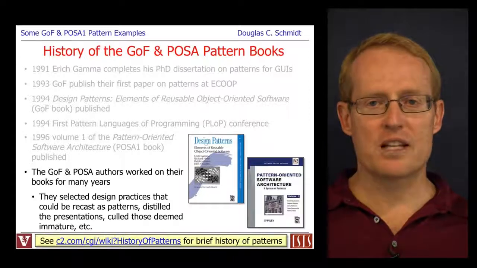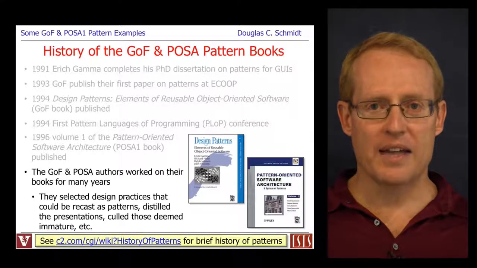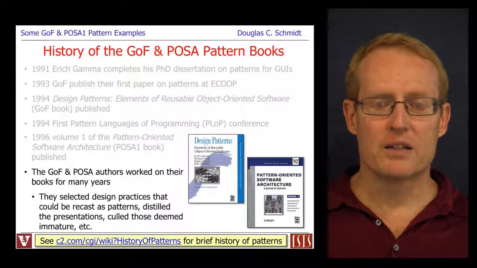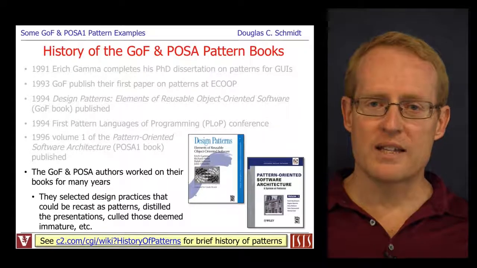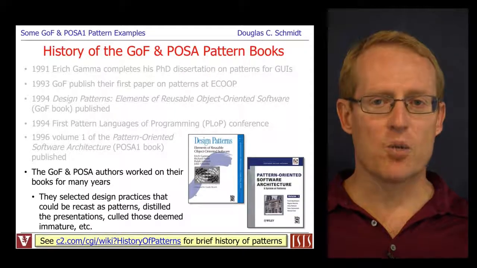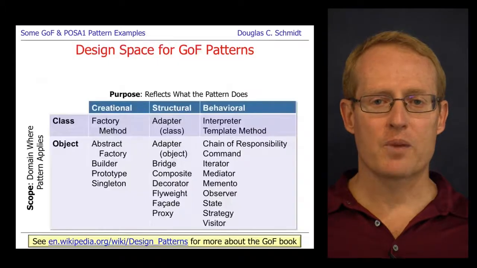And through this successive process of iteration and incremental improvement, they culled out the descriptions they deemed immature and focused on the ones that became part of the published work.